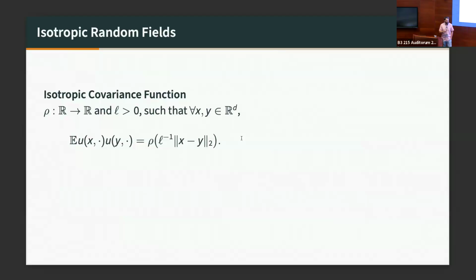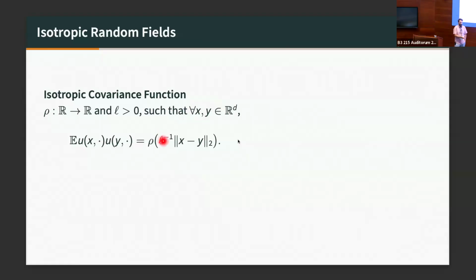So we will start, and mostly for today talk about isotropic random fields, but I will come to non-stationary random fields later as well. In an isotropic random field, you assume that the covariance is only dependent on the distance between 2 points. And you have a certain covariance function rho that encodes this.